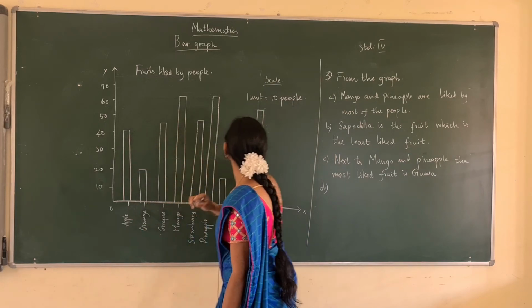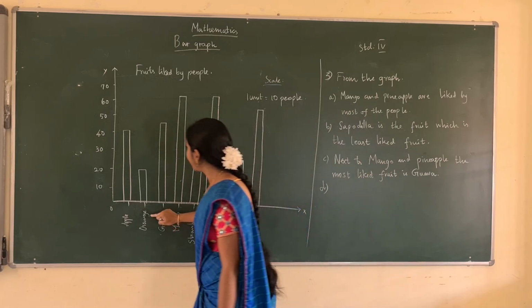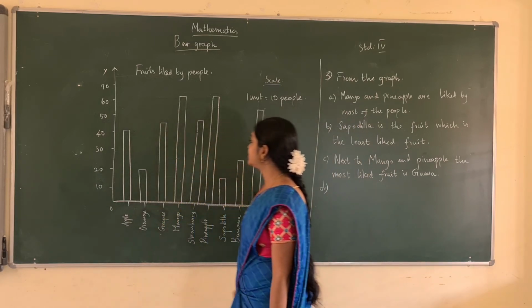Apple is liked by 40 people and orange is liked by 20 people.